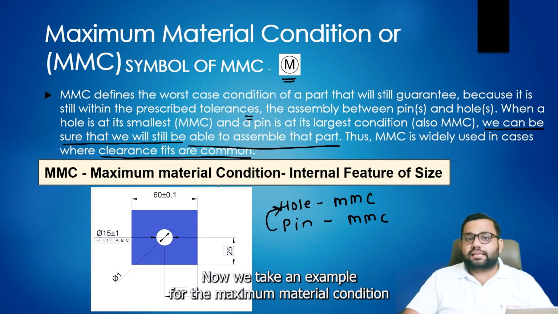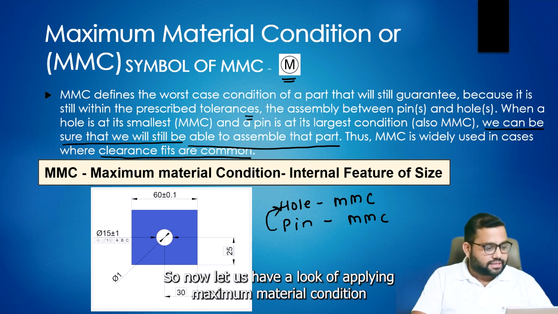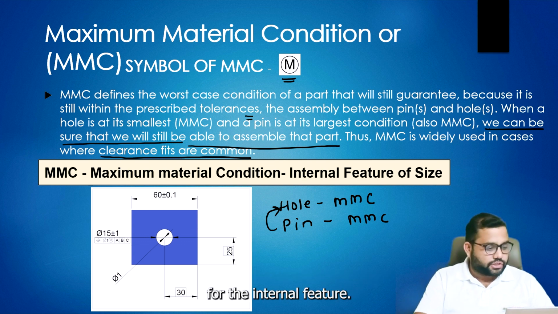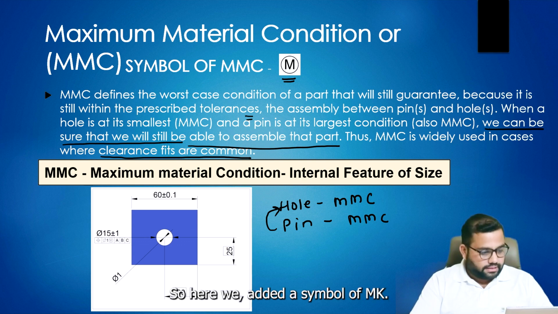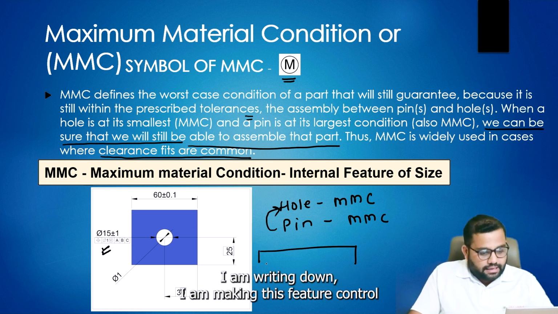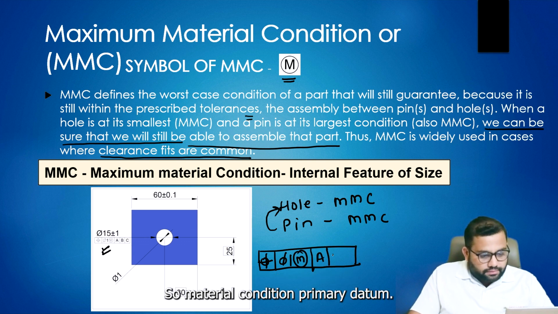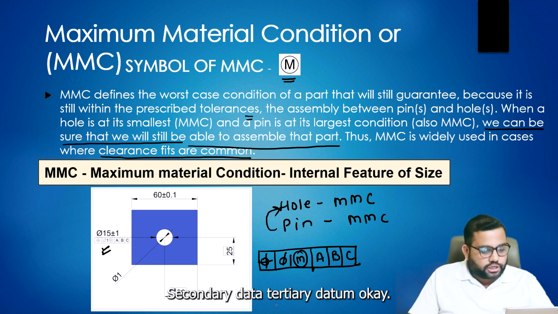Now we take an example for the maximum material condition for an internal feature of size. Let us have a look at applying maximum material condition for the internal feature of size. Here we added a symbol of MMC. In this feature control frame, I am making the feature control frame for the position: dia 1 mm geometric tolerance, maximum material condition, primary datum, secondary datum, and tertiary datum.